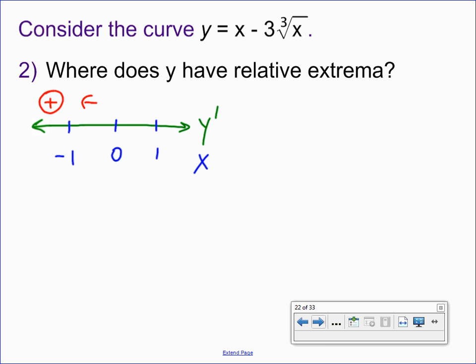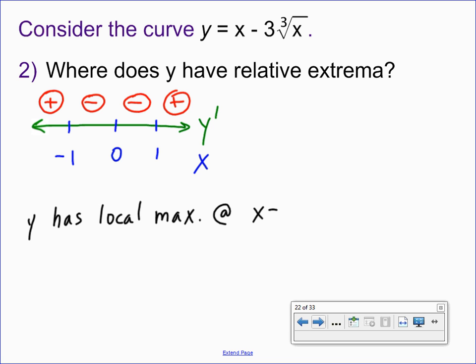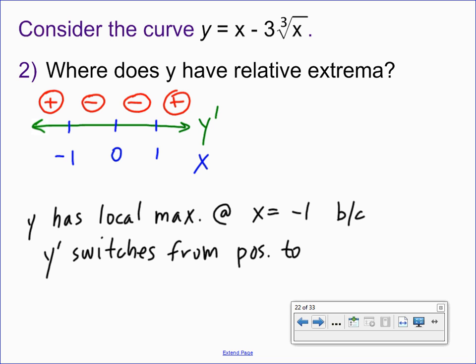Positive, negative, negative, positive. And y has a local min at x equals positive 1 because y prime switches from negative to positive.